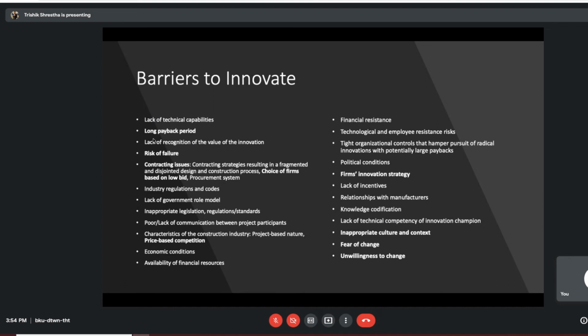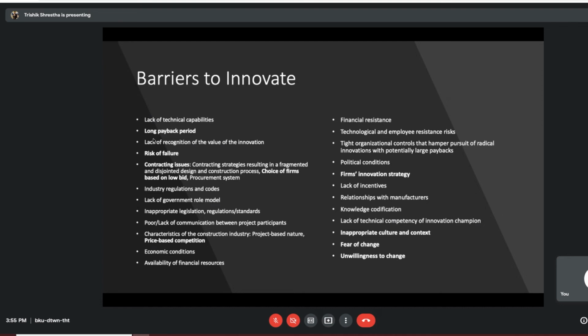If things were a bit different, then obviously more firms would have the incentive to innovate. But as things are, since we choose the firms based on low bids, this also acts as a barrier to innovate. A few simple things that follow: industry regulations and codes, lack of government as role models, inappropriate legislations, regulations, and standards, lack of communication, and the thing that needs discussion is characteristics of the construction industry: project-based nature, price-based competition.